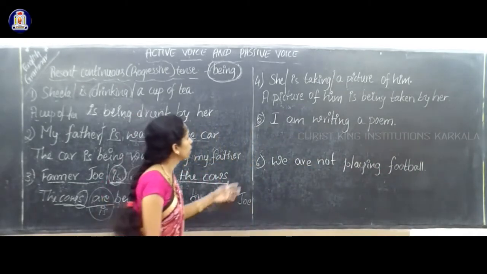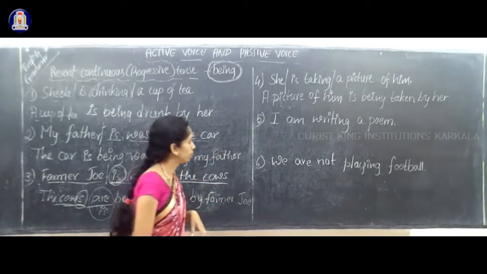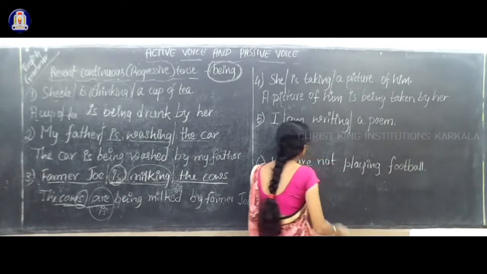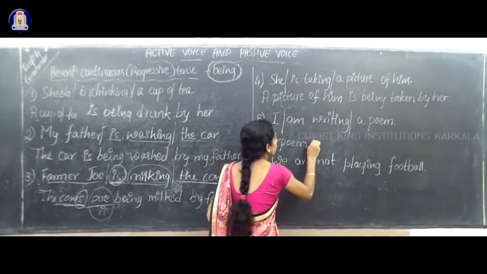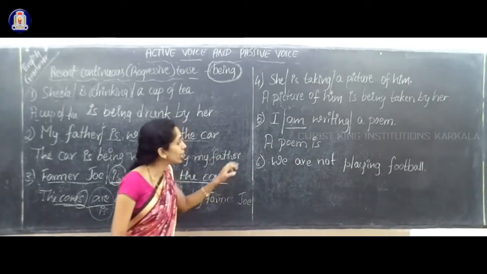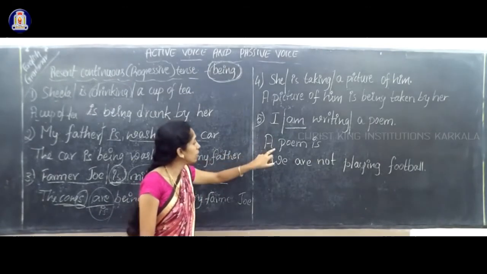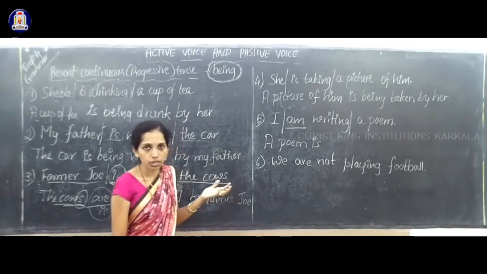Look at the next sentence. How to write? A poem is. Here "am" can be used only with I. You cannot use "he am" or "you am", right? You know that.